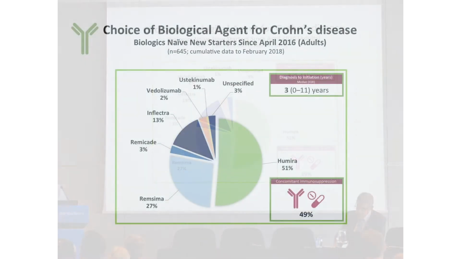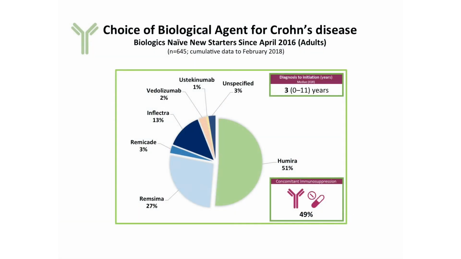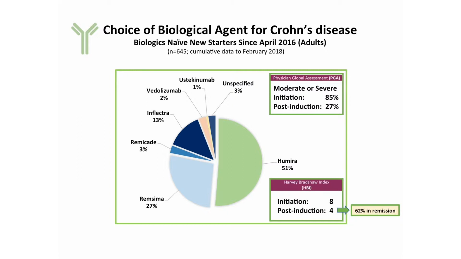profile. We now know that on average, median time from diagnosis to initiation of treatment, 3 years in this registry cohort. 50%, or roughly half, are on combo therapy. We're now getting serial data collected and submitted on outcomes. So simple things, a physician global assessment, but it's better than nothing.